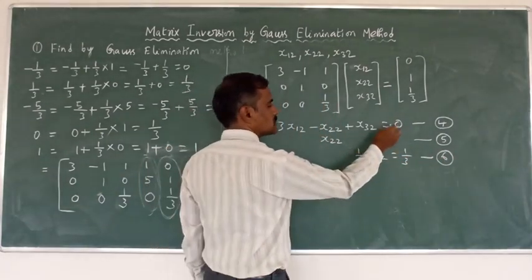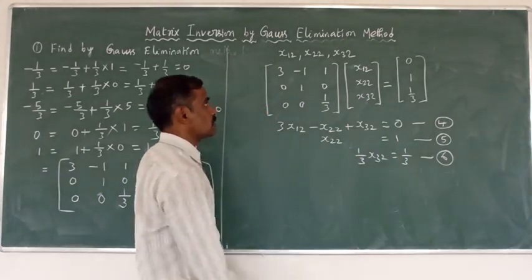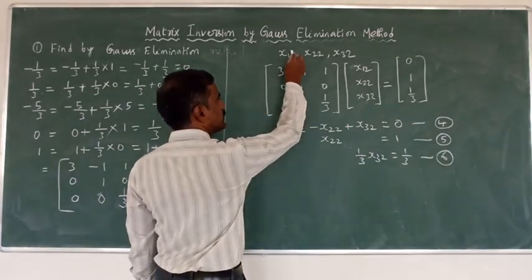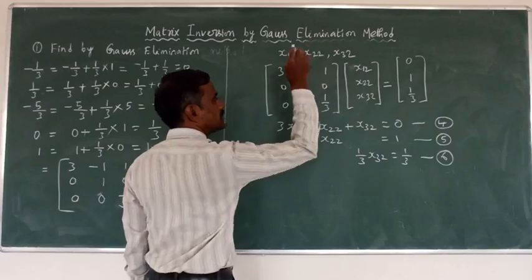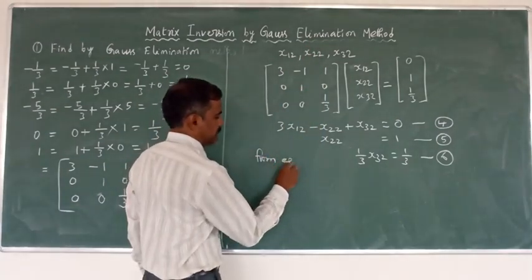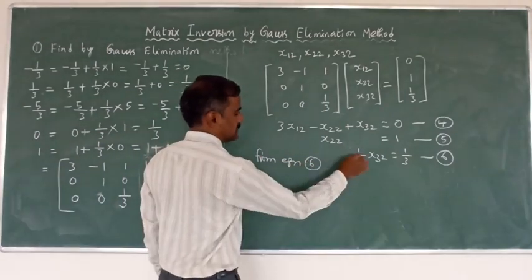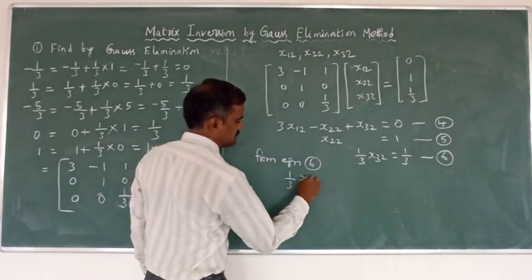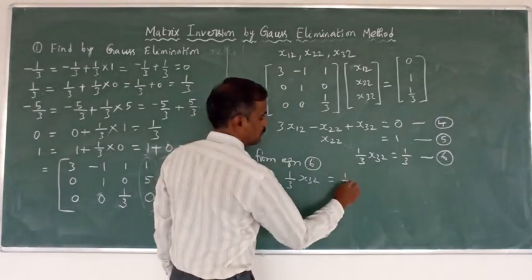Using equations 4, 5, 6, we can find out the x12, x22 and x32 values. From equation 6, 1 divided by 3 x32 equal to 1 divided by 3.